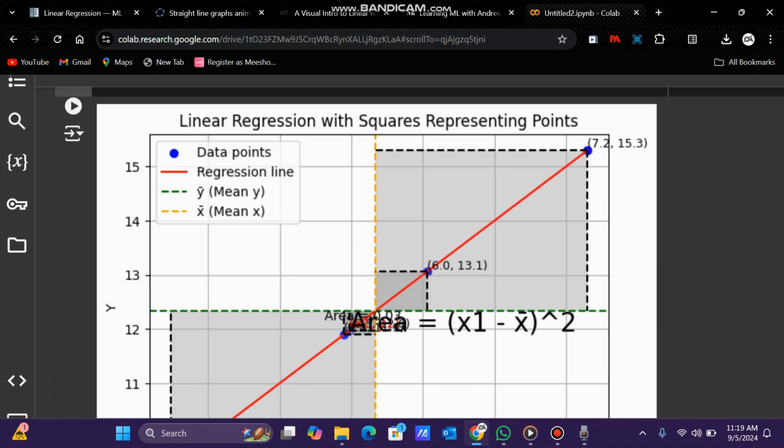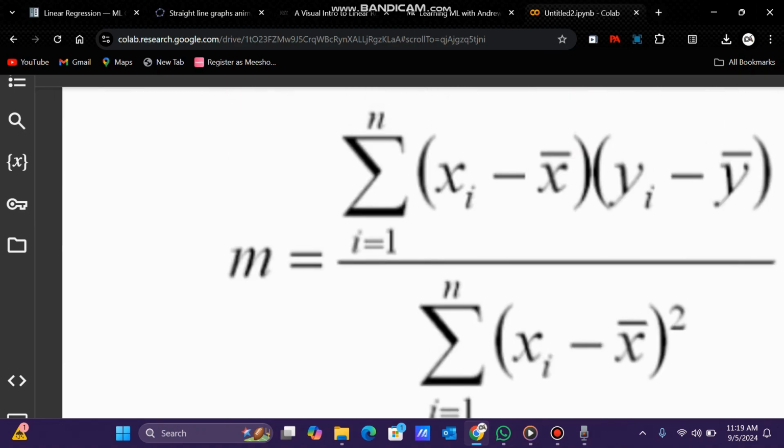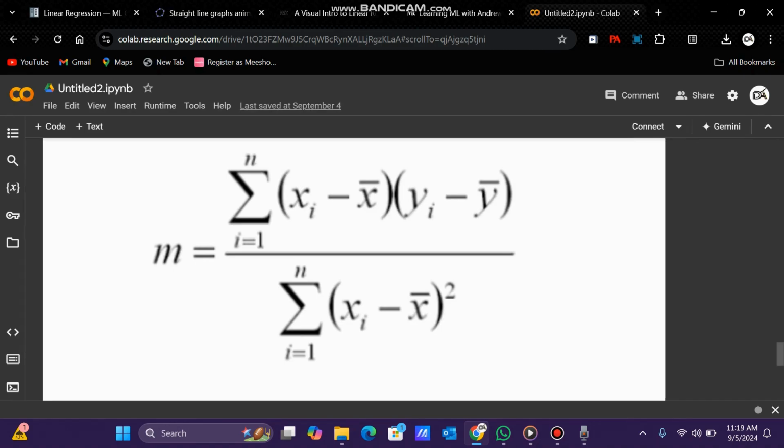Now when I calculate the distance, it's the same from both sides, x1 minus x mean, and the area is x1 minus x mean whole squared, on the denominator part. So what we are calculating as slope is the sum of areas of rectangles divided by the sum of areas of squares.